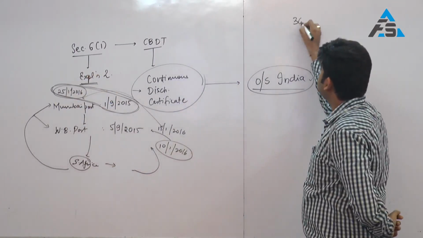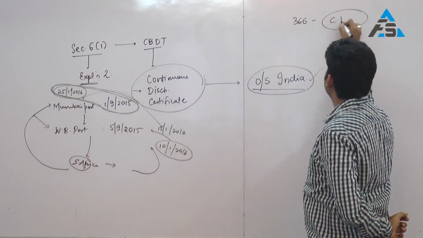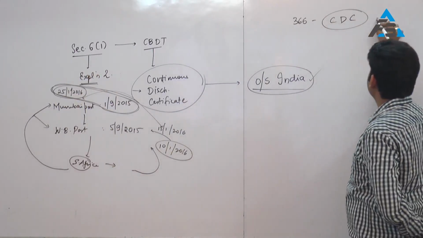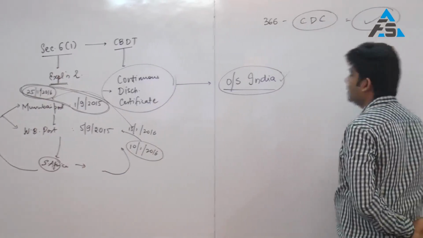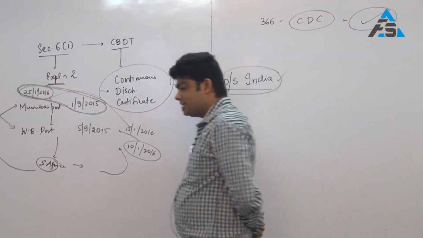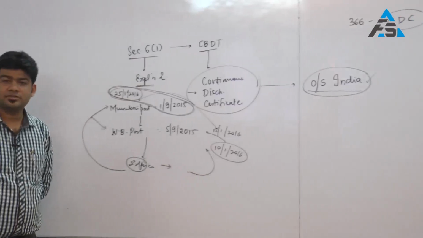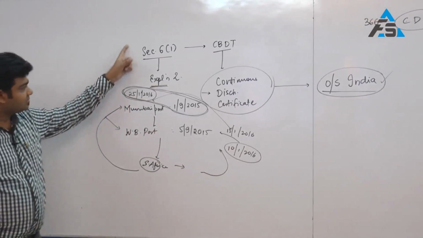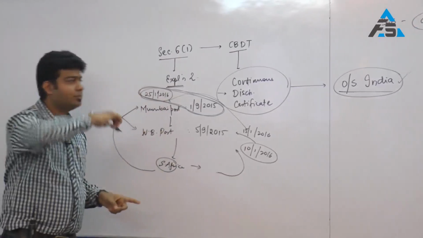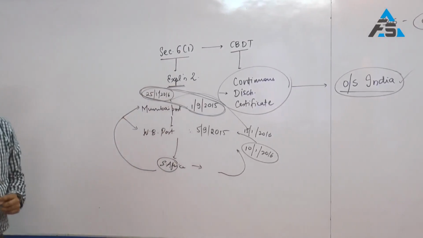So 366 minus the duration of the continuous discharge certificate, and the remainder days is what he will be considered as being in India, and accordingly his residential status will be calculated. Section 6 subsection 1 explanation 2, the same point is also covered by your RTP, so very important.